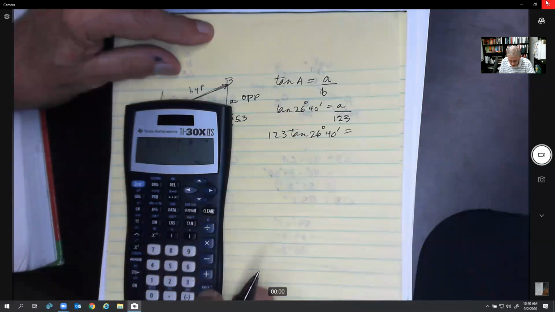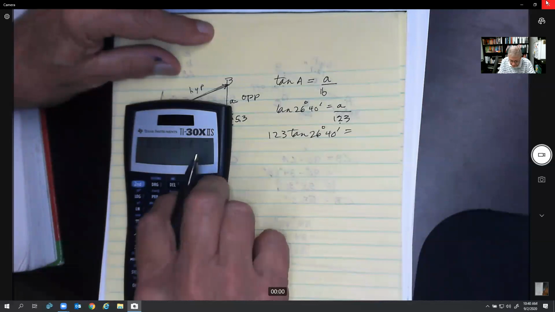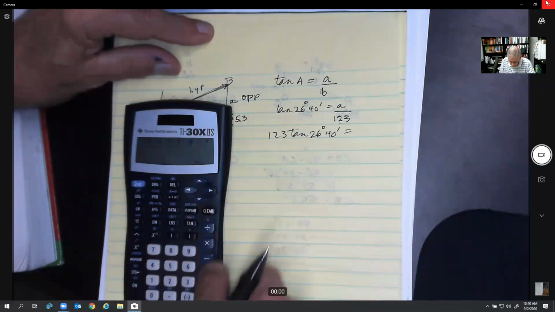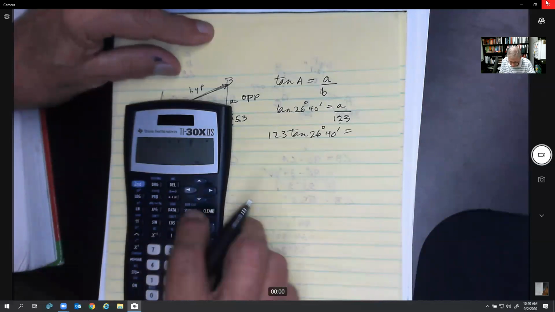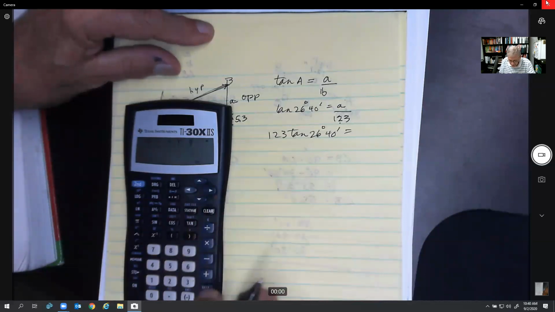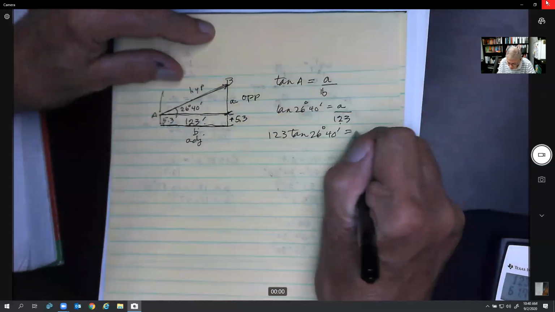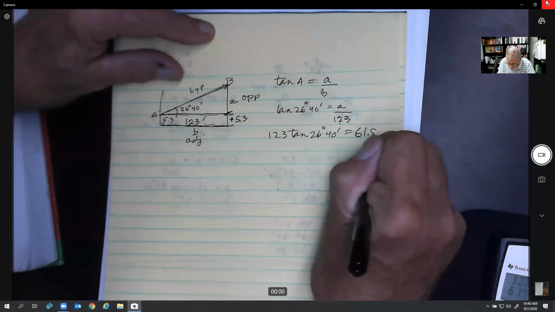Back in the old days, we had to look this up in tables, slide over, or convert to decimals and then convert back. Pain. Equals, parentheses. Okay, I think I got it. Equals. I got 61.77. They rounded it off to 61.8.